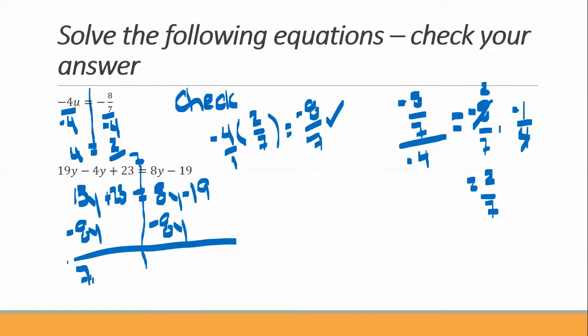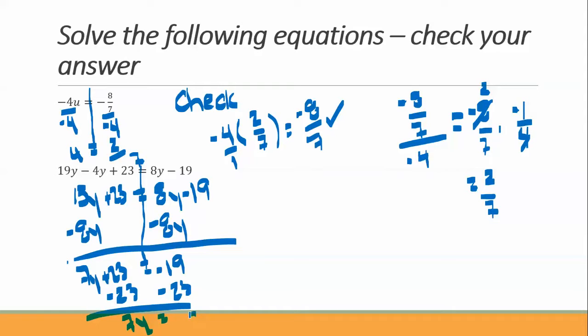So we have 7y plus 23 equals negative 19. And now we're going to subtract 23 from both sides. And we have 7y equals, let's see, 12, carry the 1, negative 42.